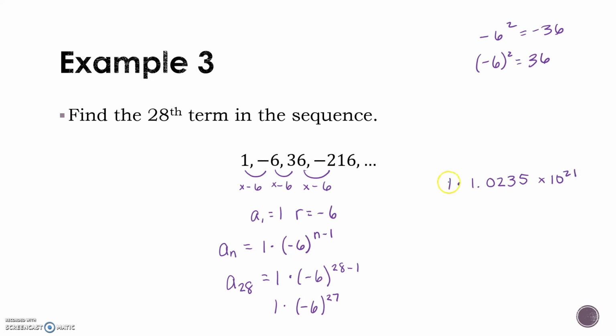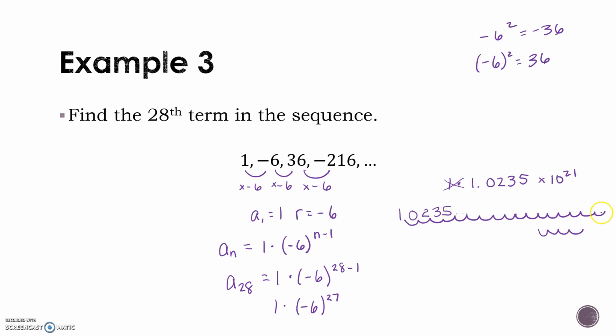And what that means is that, and 1 times anything is just itself, so really I don't need that right there. But what it means is that I could write 10235, but I'm going to move this decimal point 21 spots to the right. 1, 2, 3, 4, 5, 6, 7, 8, 9, 10, 11, 12, 13, 14, 15, 16, 17, 18, 19, 20, 21.